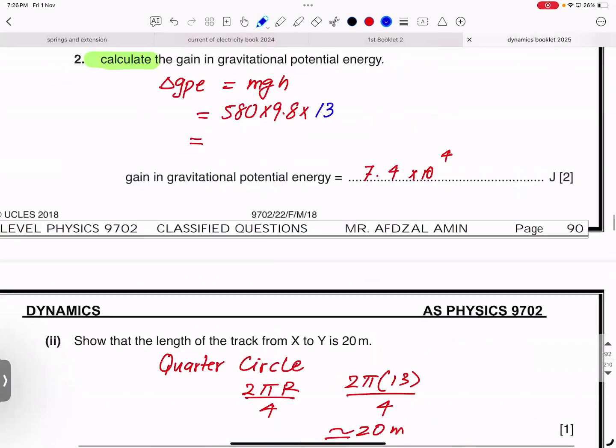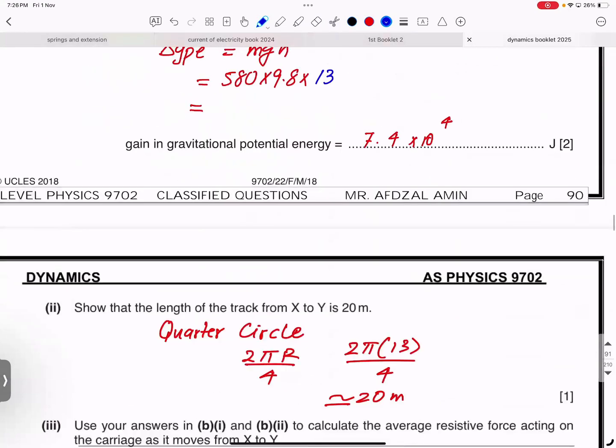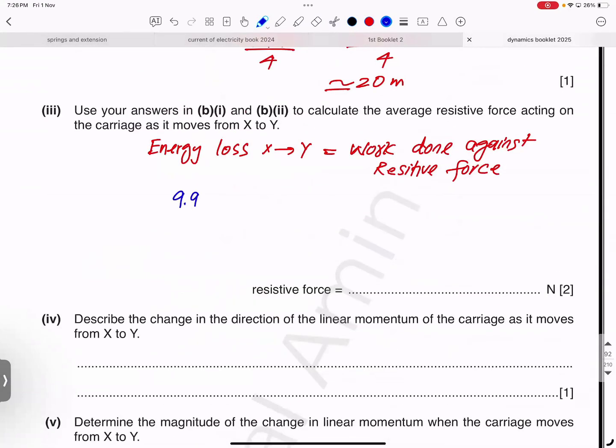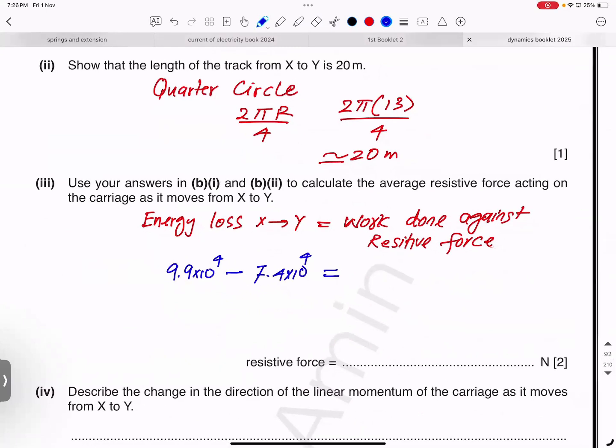Now, energy loss. How much kinetic energy you had? 9.9 times 10 to the power 4, minus how much GPE you got? 7.4 times 10 to the power 4. So the difference is the energy loss, which is equal to work done. Work done is force times the displacement. Force, yes. The displacement, the distance traveled along the path, was 20. Solve it, my dear.